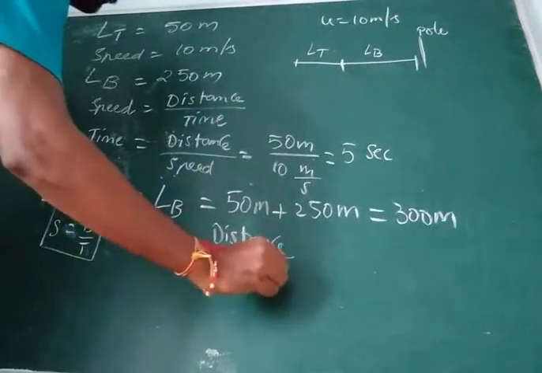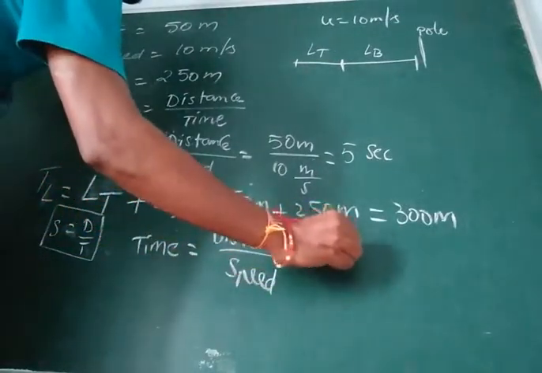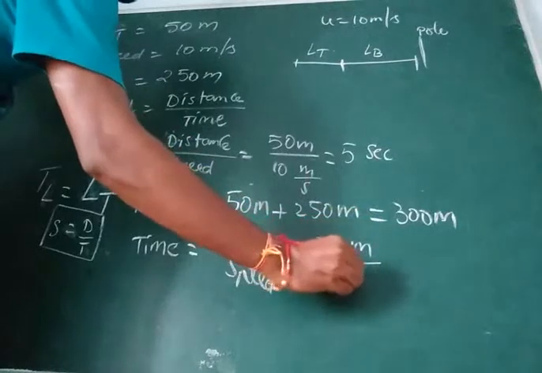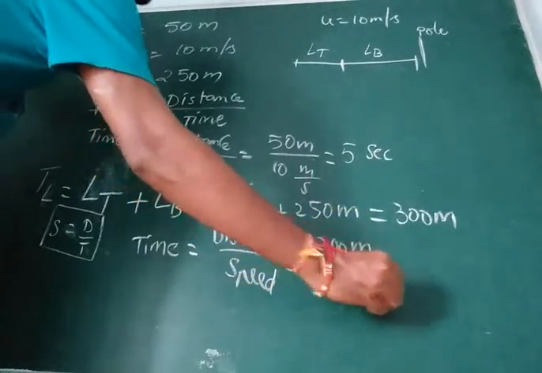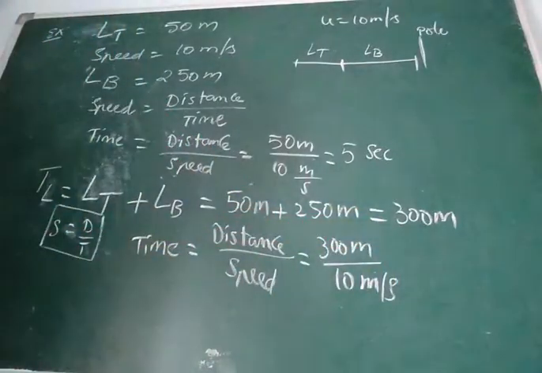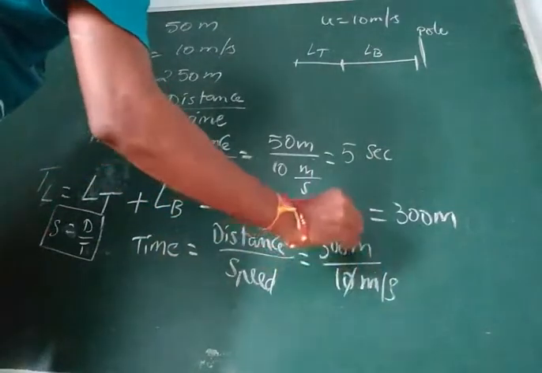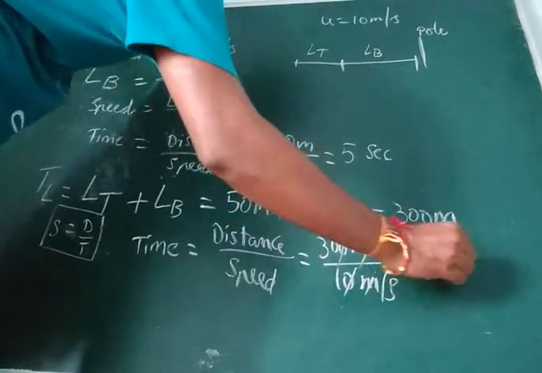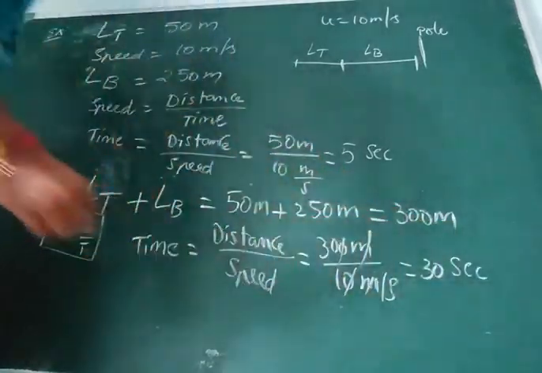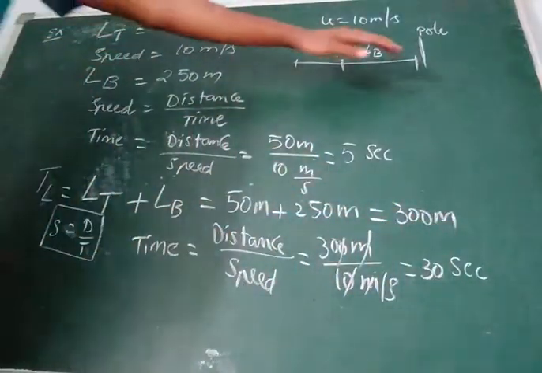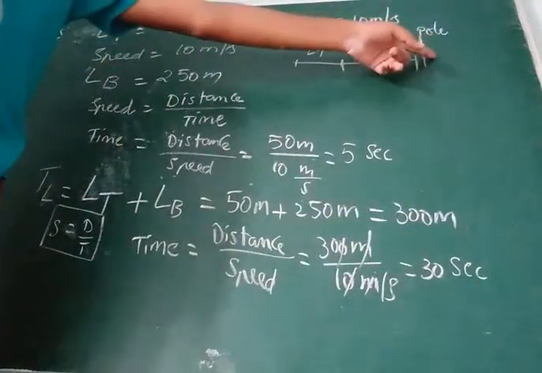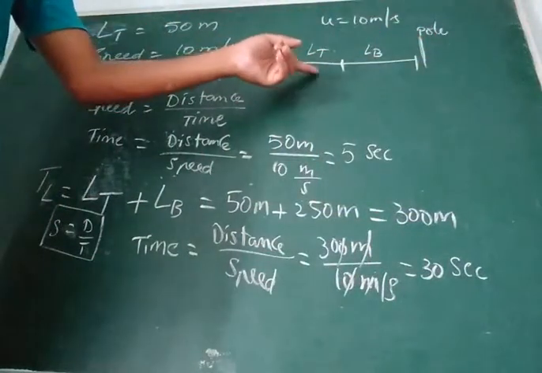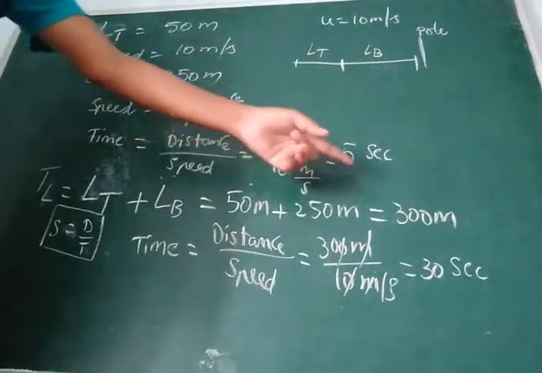What is the total distance? 300 meters by the speed of the train, 10 meters per second. So the zero gets cancelled, meters get cancelled. What is the remaining answer? 30 seconds. So if there is no bridge to cross this pole, the train takes 5 seconds.